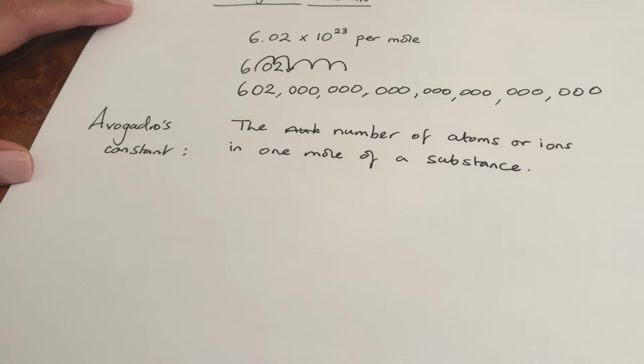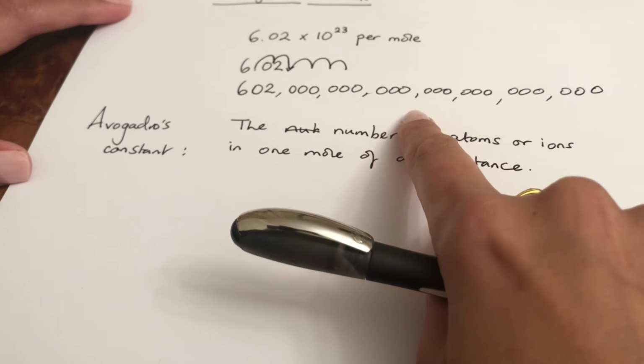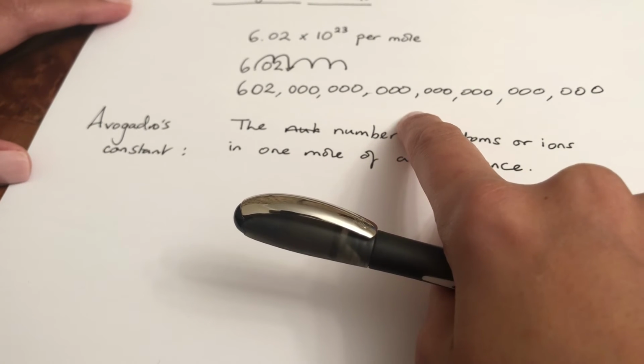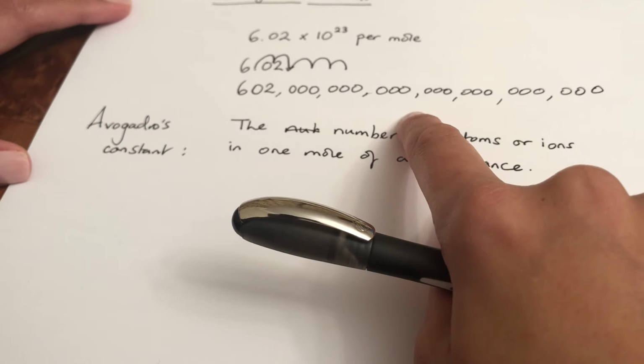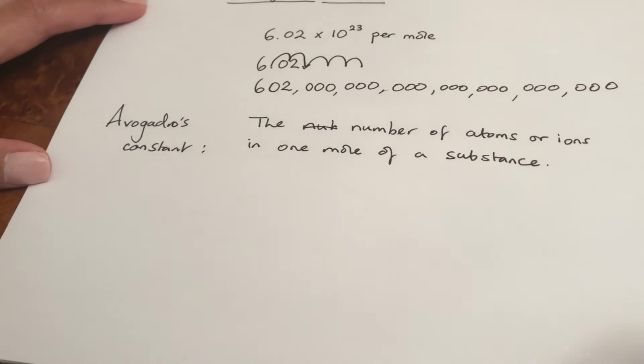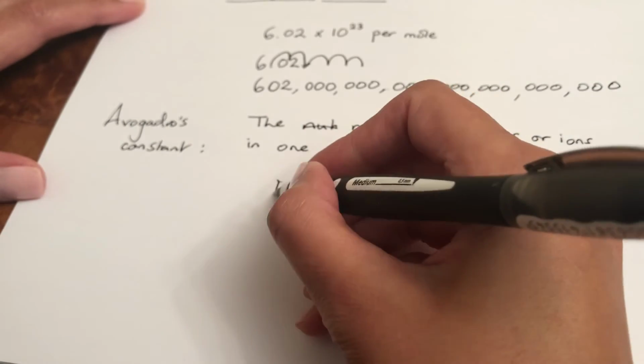So let's have a look at a question. We need to calculate the number of particles that would be in a substance. So you know the constant, which is 6.02 times 10 to the 23, and you also will be told the amount of a substance in moles. So there is an equation that you can use to calculate the number of particles. Let's write this down.